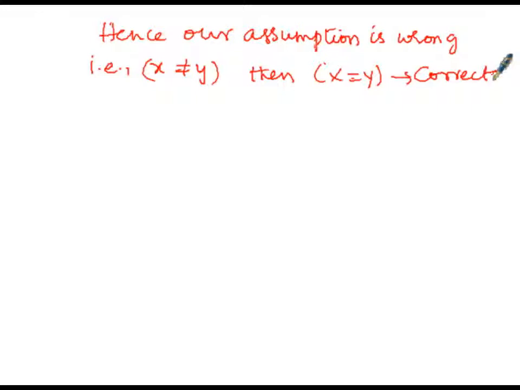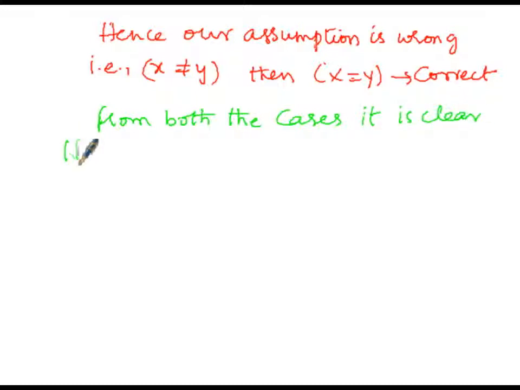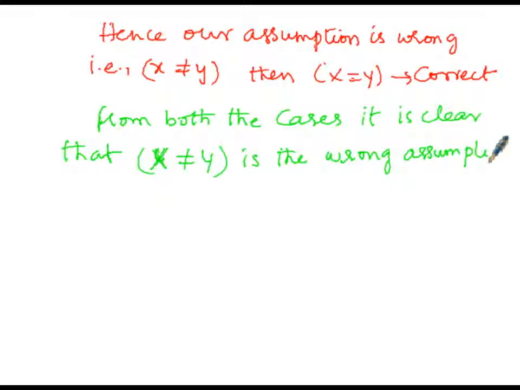So from both the cases, it is clear that X not equal to Y is the wrong assumption. Hence X must be equal to Y.